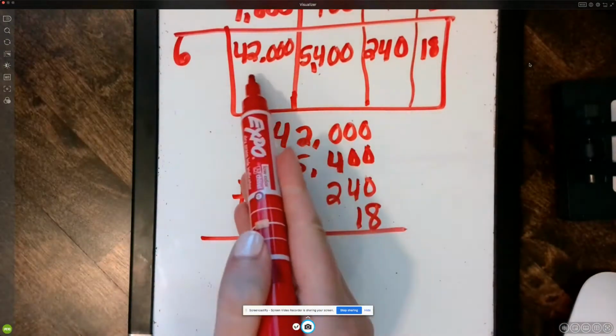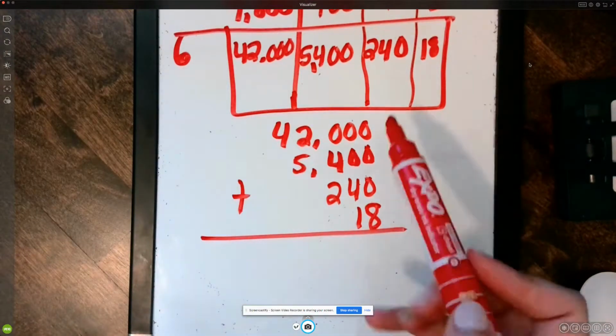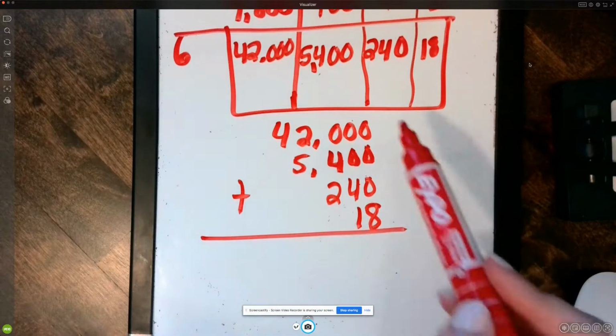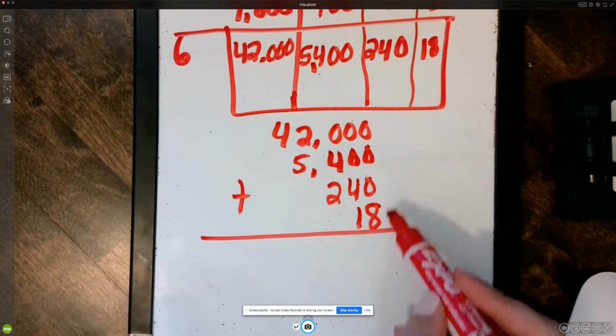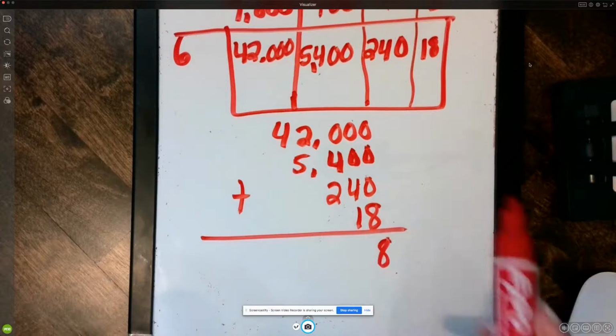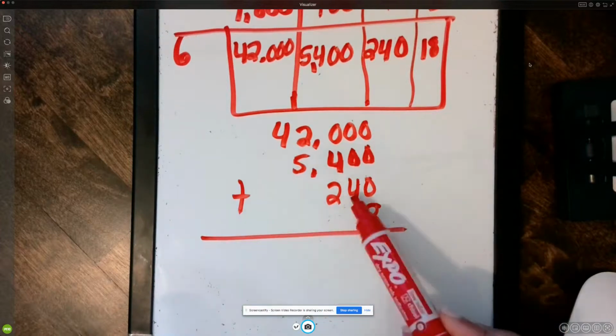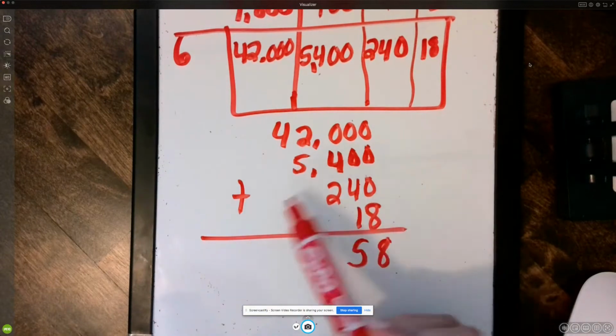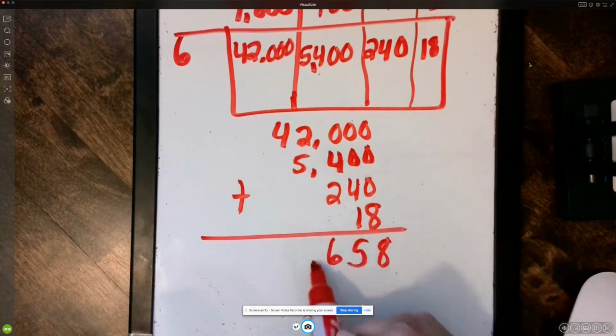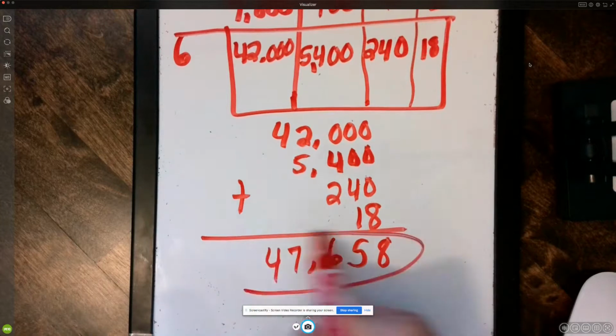So if you start at the left and go down, you'll line them up in order from greatest to smallest, okay? 0 plus 0 plus 0 plus 8 is 8. 0 plus 0 plus 4 plus 1 make 5. 0 plus 4 plus 2 is 6. 2 plus 5 is 7, and I bring my 4 down.